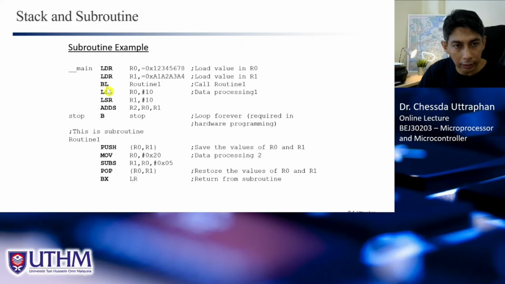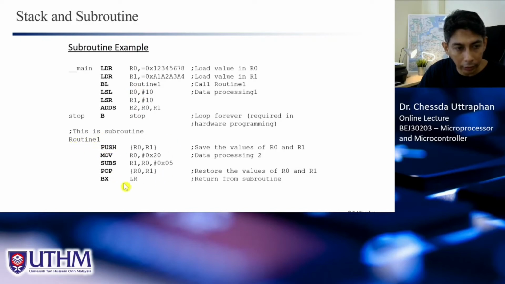So this is the instruction to call the subroutine, and this subroutine is named routine1. All right. So the subroutine name can be any name. The programmer needs to name it. So in this case, subroutine routine1 is this.